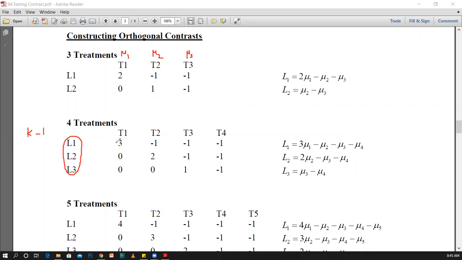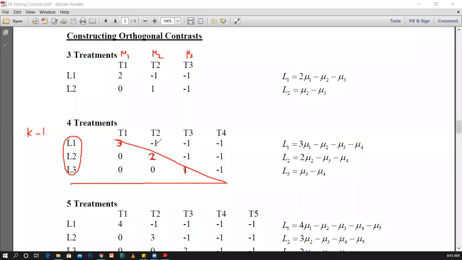Since we have 3 contrasts, we start from 3. In the diagonal manner, we keep 2 and then 1, and the elements below the diagonal are defined as 0.